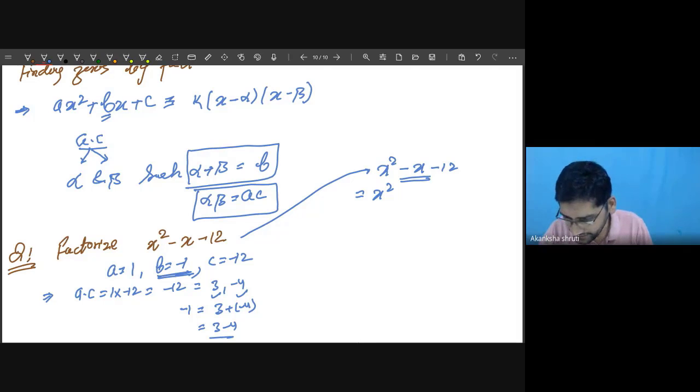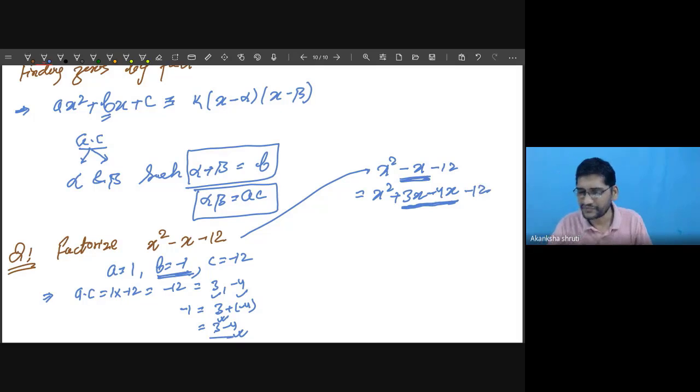Along with the x we need to write: this 3 is plus, so plus 3x, but this 4 is negative, so minus 4x. You can verify that if you add these two, you must get the middle term minus x. Okay, that is the way.